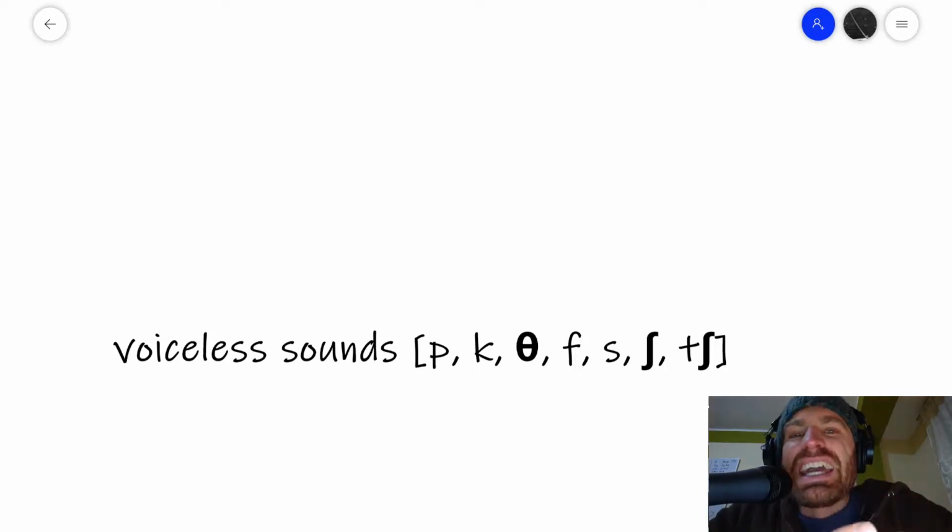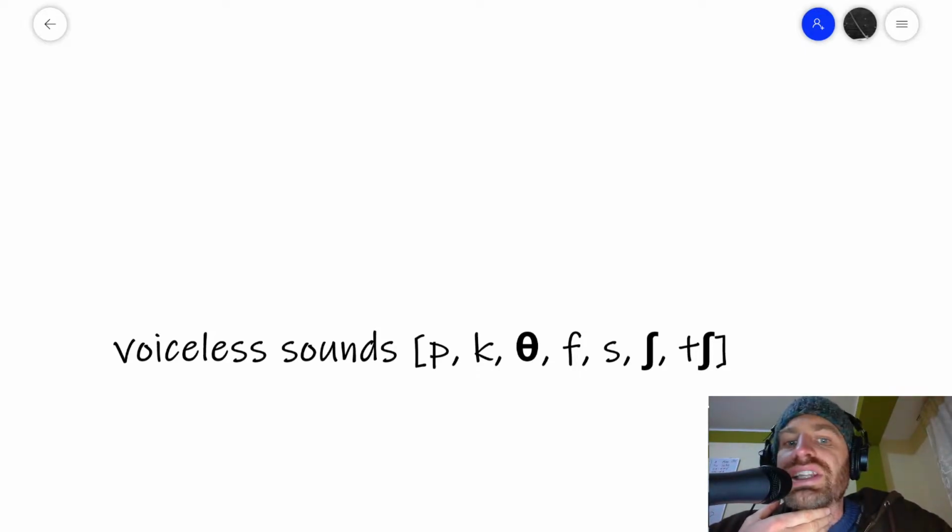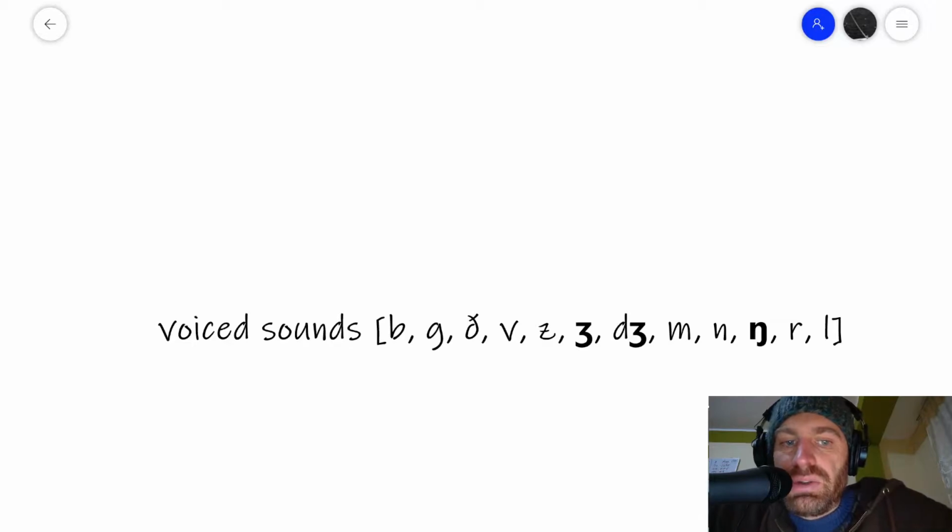If you put your hand on your voice box and you say these sounds, you cannot hear your voice vibrate. P, k, f, s, sh, ch. Voiced sounds, on the other hand, are consonants where you can feel the vibration of your voice.